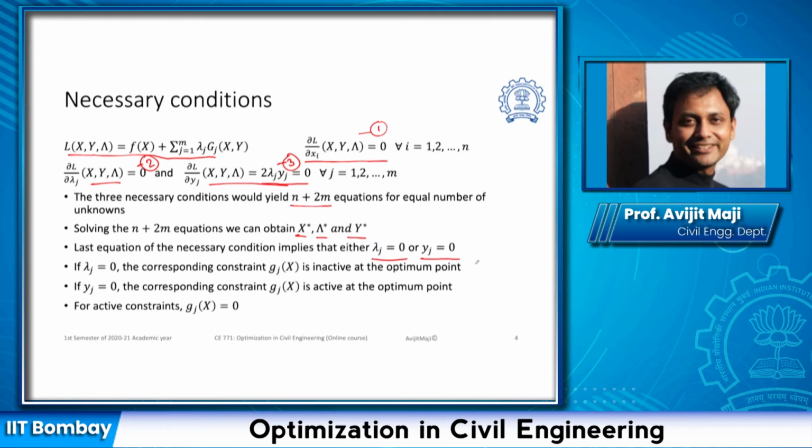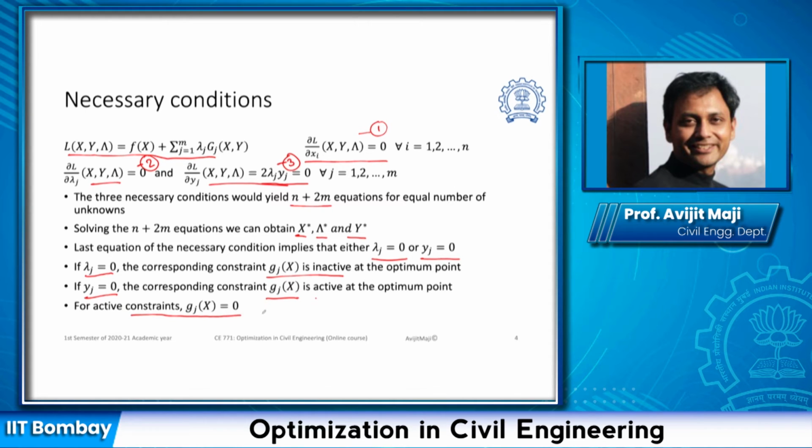If lambda j is equal to 0, then the corresponding constraint will become inactive at that point. If yj is equal to 0, the corresponding constraint gj is going to be active and the optimum point is going to lie on that constraint, and for that reason, for the active constraint, gj is going to be equal to 0.